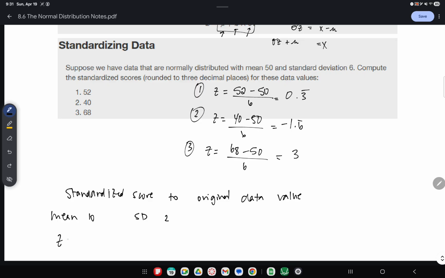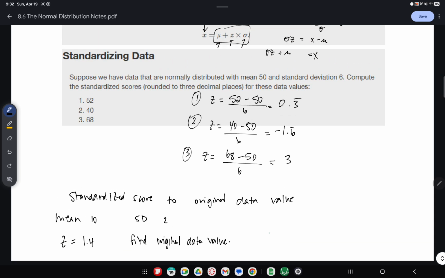And let's say the z-score we get is 1.4. So find the original data value. Well, I had that formula. The data value was the mean plus the z-score times the standard deviation. So we had a mean of 10, the z-score is 1.4, and the standard deviation is 2.